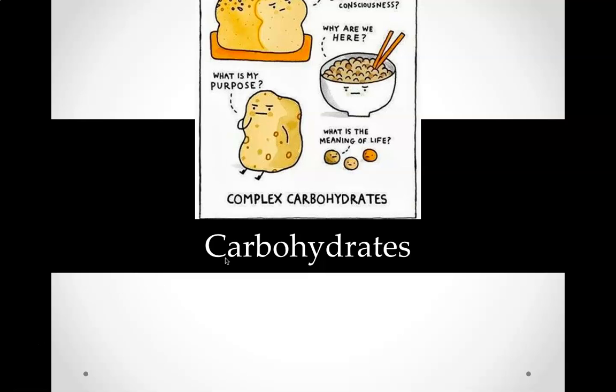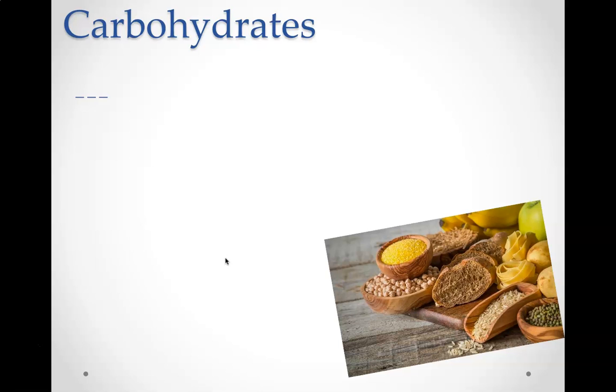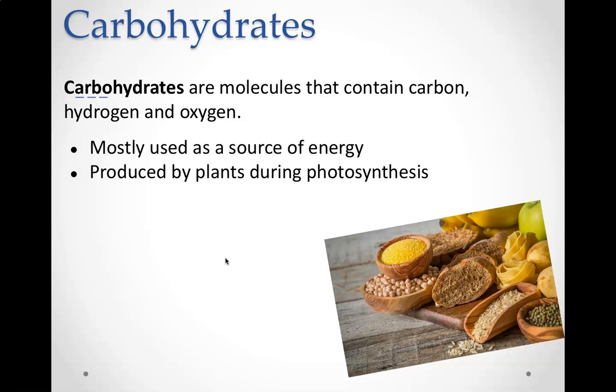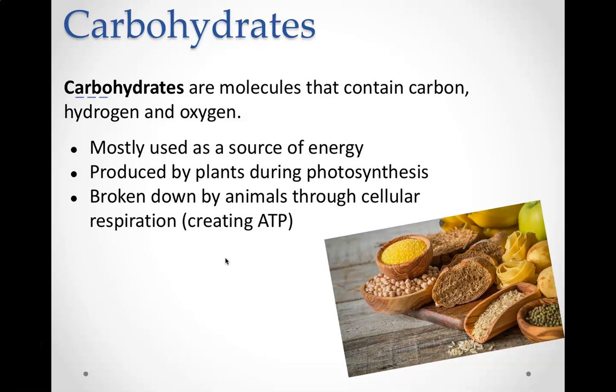There's my hilarious cartoon. Okay. So carbohydrates are molecules that contain carbon, hydrogen, and oxygen, and they're mostly used as a source of energy. They are produced by plants during photosynthesis, and they're broken down by animals through cellular respiration, which creates ATP.